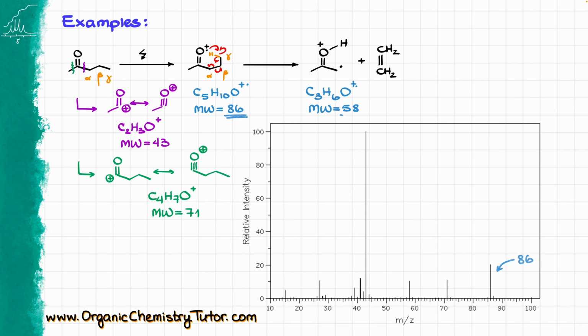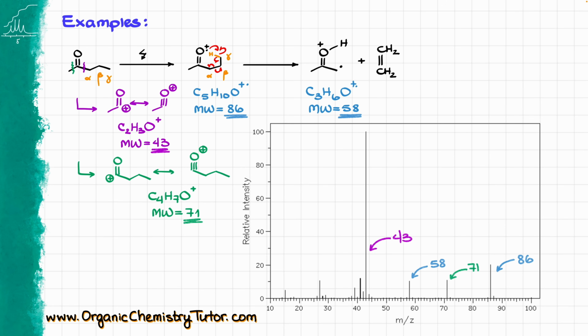Now the next one at 58, we have that one as well. So here is our 58 signal. The signal that we have at 43 is sitting right here, and the last signal that we have at 71 is right over here, 71 atomic mass units.